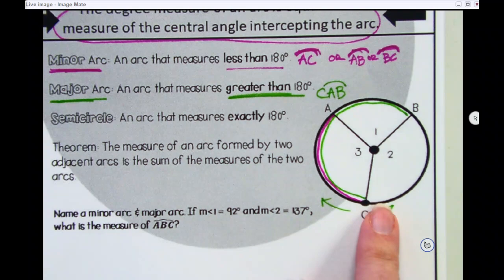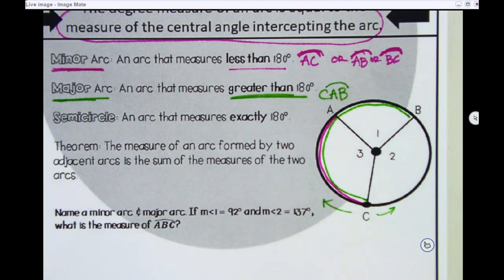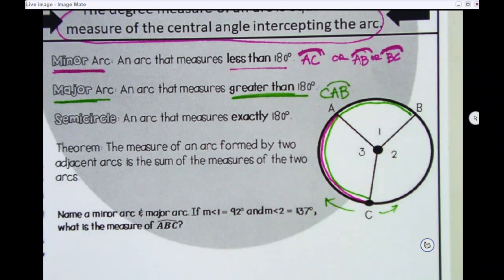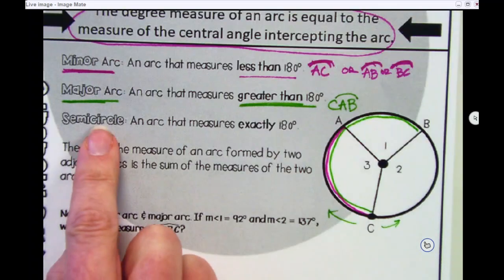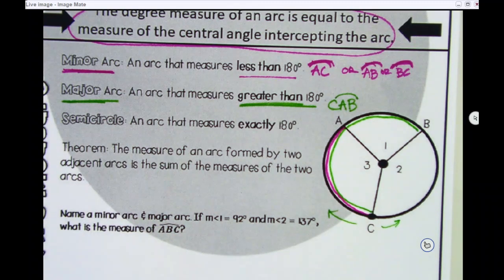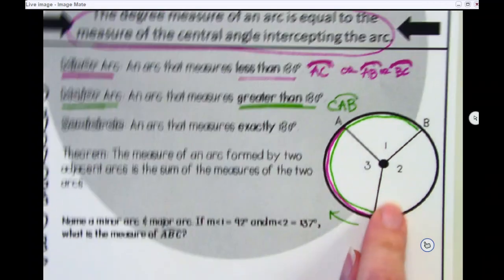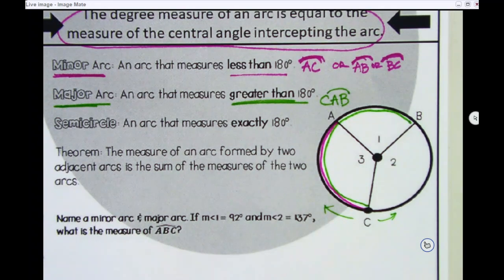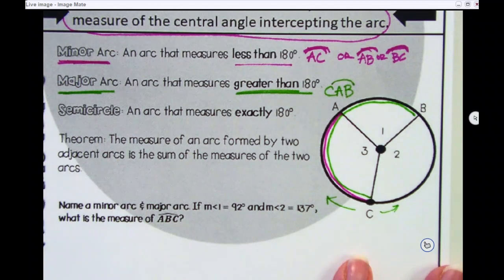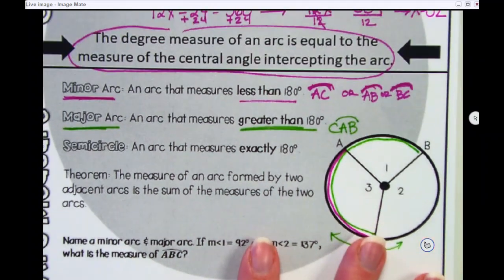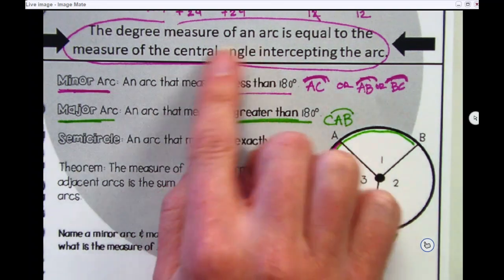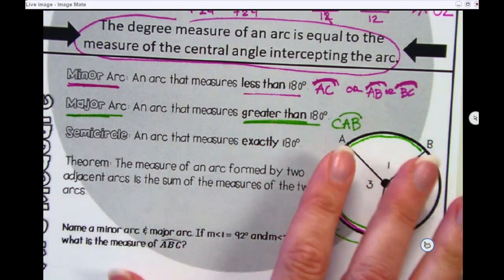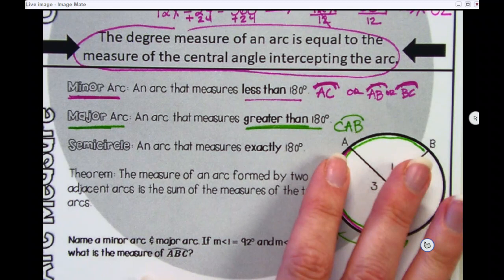What is another major arc? CBA, for sure. And you guys know that a semicircle is half a circle, right? I can't illustrate that on there without drawing another line, but you know that it's half of a circle. Now, Megan was about to ask me about this sentence right here that I circled and then didn't even talk about.